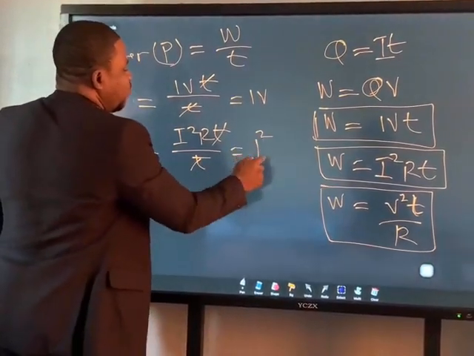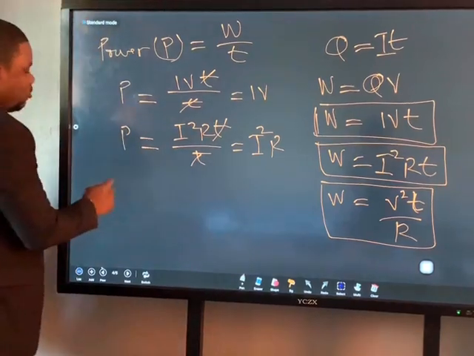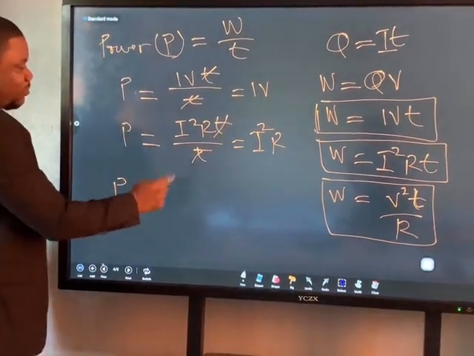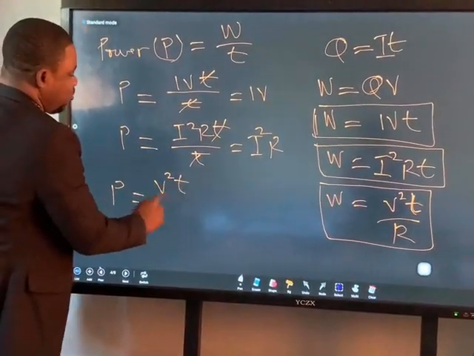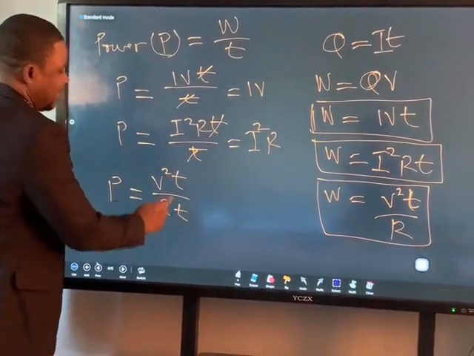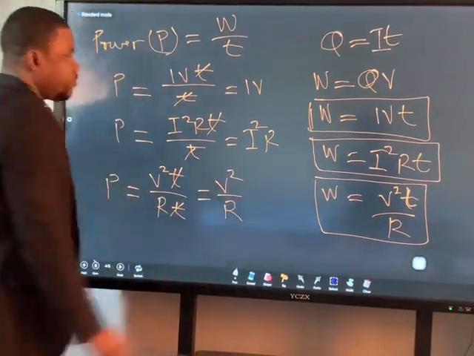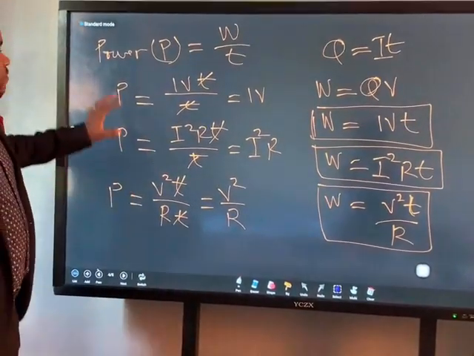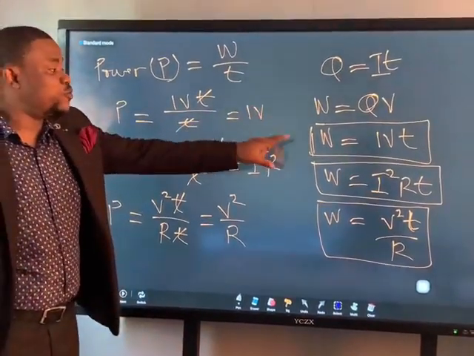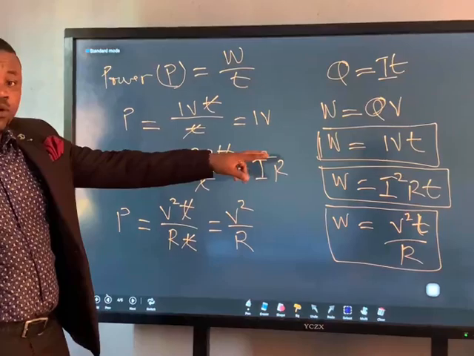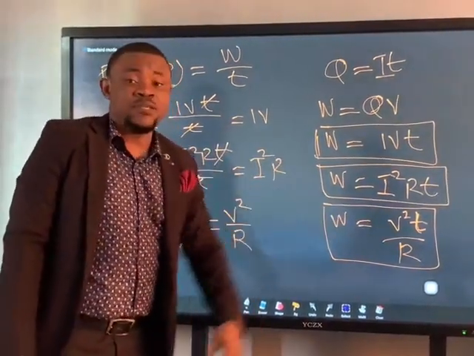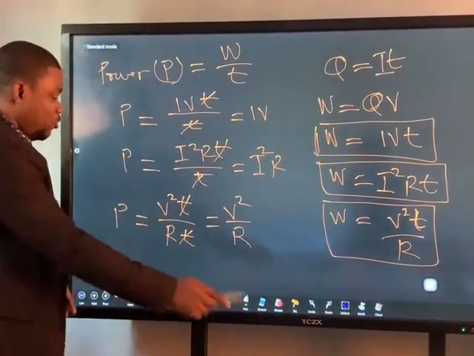I have I squared times R. I can use the last one, where I have V squared T over R divided by time, it will cancel out. So I get V squared over R. What I just want to establish is that power can be easily gotten from the formula we have for work done. All you need to do is remove the T. If you take away the T, you will get power.